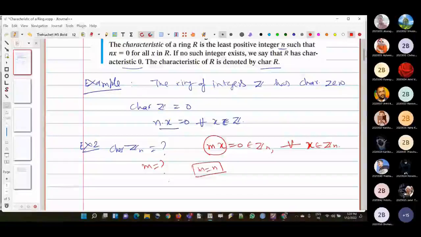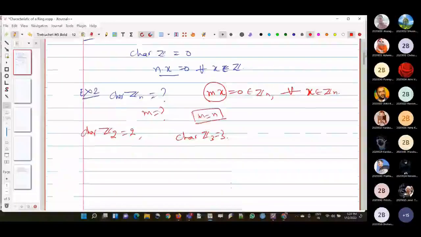So in case of Z2, the characteristic is 2. In case of Z3, the characteristic is 3, like this.